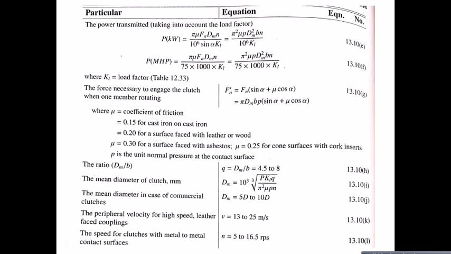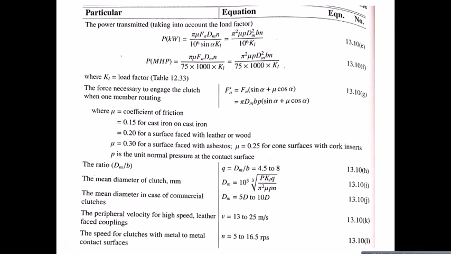Here mu is the coefficient of friction based on the contact between the cup and cone: 0.15 for cast iron on cast iron, 0.20 for a surface faced with leather or wood, 0.30 for a surface faced with asbestos, and mu equal to 0.25 for cone surfaces with cork inserts.